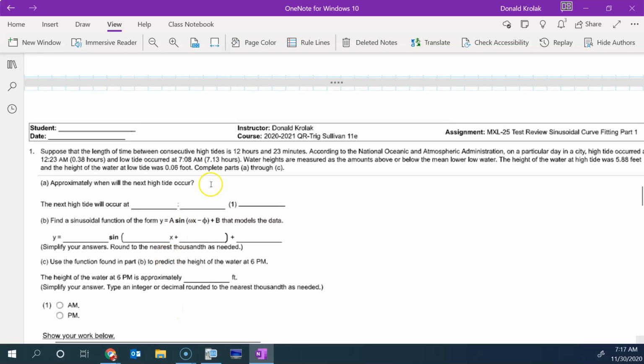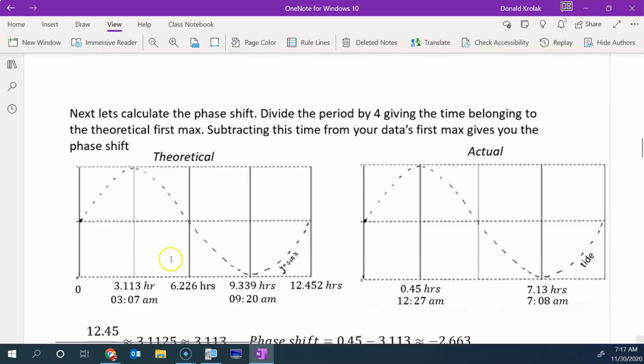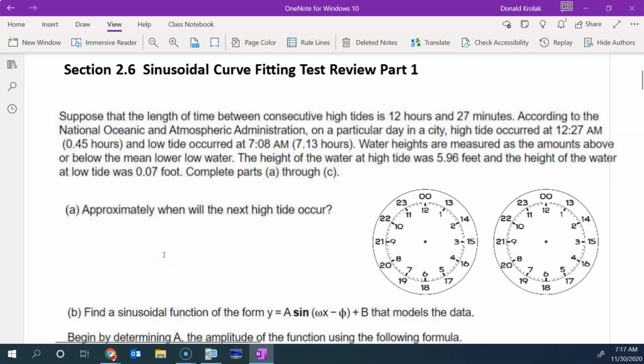Okay. All right. So for example, here's what the first question is going to look like on your Math Excel. Okay. So you're given the length of time between 2 high tides is 12 hours and 27 minutes. So right now, guys, you know that that's your period. Now what we're going to do is convert that into a decimal.